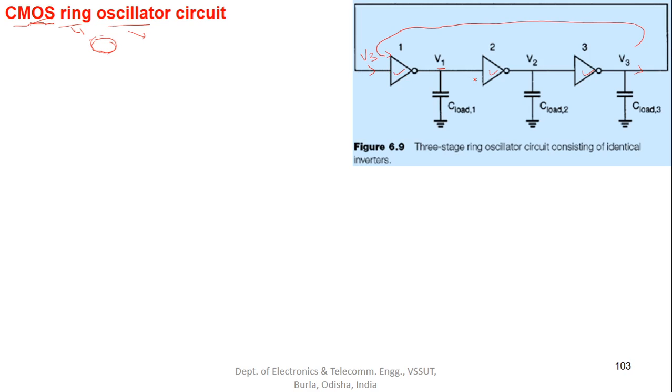At each of the output nodes of these inverters we will have a particular load capacitance. Let us call these C load 1 for inverter 1, C load 2 for inverter 2, and C load 3 for inverter 3. So basically this is a 3-stage ring oscillator circuit that consists of identical inverters connected in cascade manner.